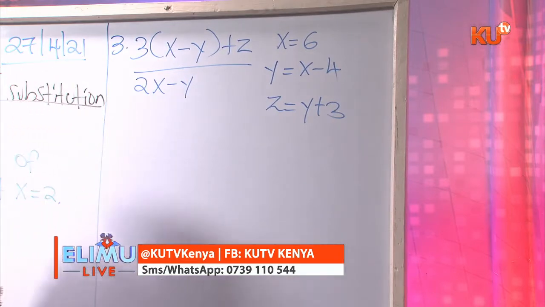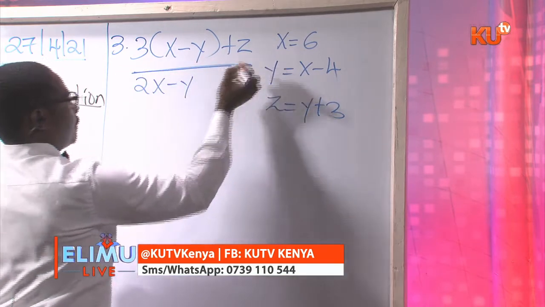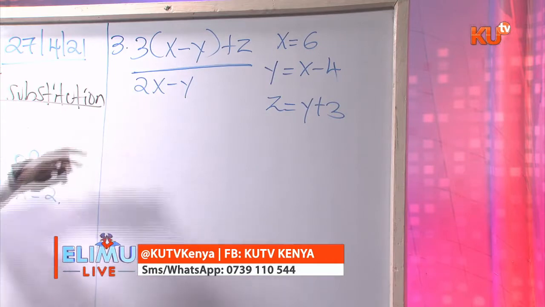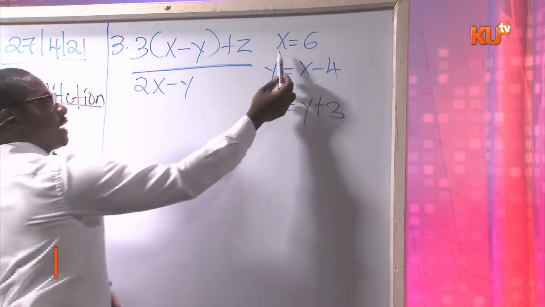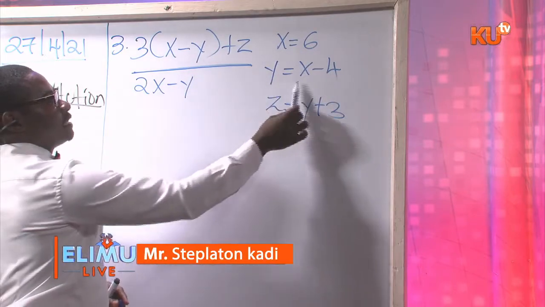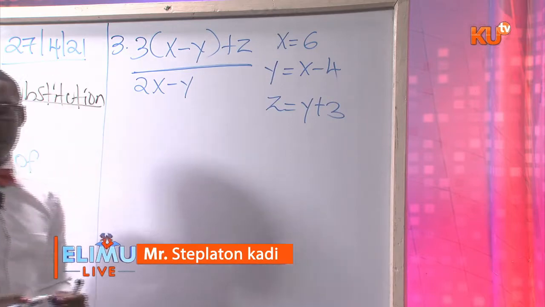So when we come to this example, we realize that it has a sign to show the fraction part. So this is the numerator and this is the denominator. Then we have the unknown values. x is equals to 6, y is equals to x minus 4, and z is equals to y plus 3.